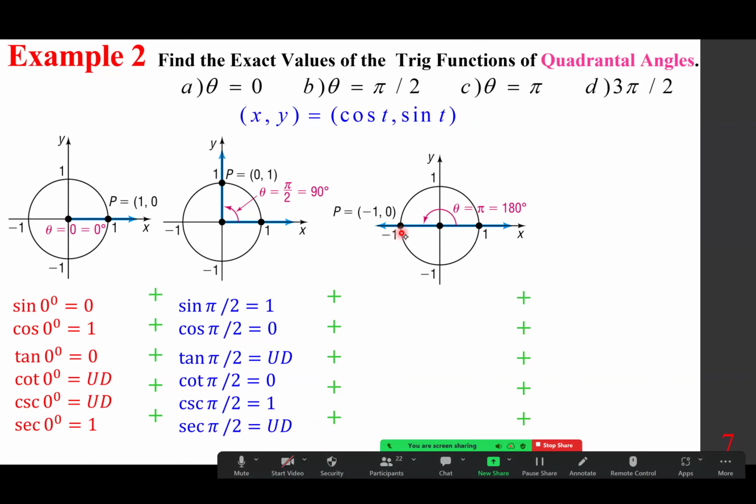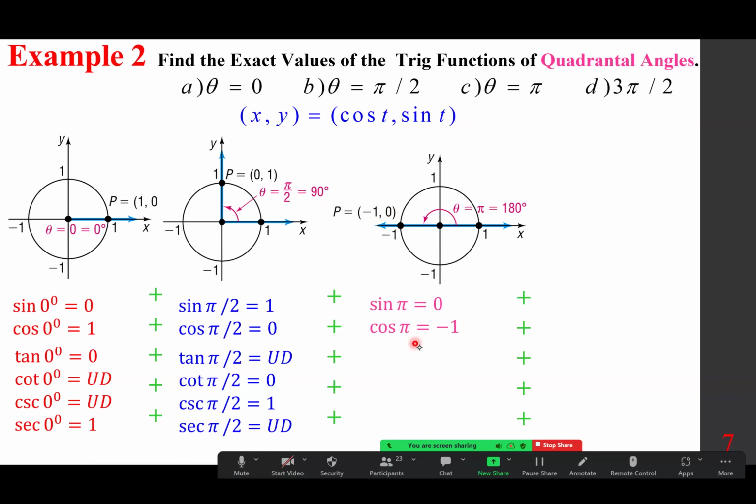This has coordinates negative 1, 0, which means x is negative 1, cosine is negative 1, y is 0, sine is 0. Sine of pi is 0, cosine of pi is negative 1. So that makes tangent 0, because tangent is sine over cosine.